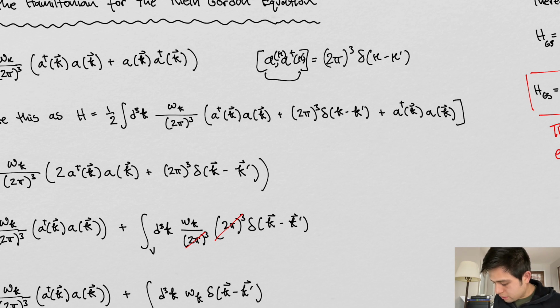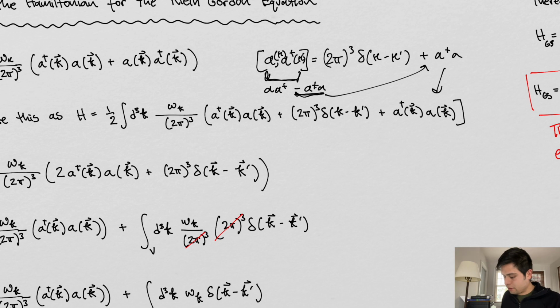So this here is really a a dagger minus a dagger a, and then we are taking this guy here to one side and to get plus a dagger a, and that's this guy right here, right?